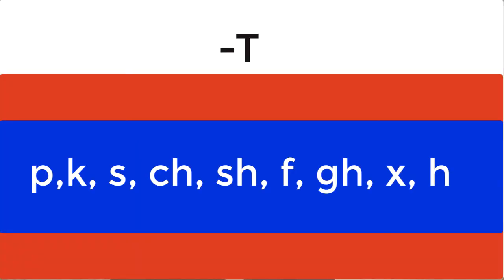T. Verbs that end in P, K, S, CH, SH, F, GH, X, H use the T sound. I will now give you some examples. Ask, past tense, asked, preguntar o pedir.